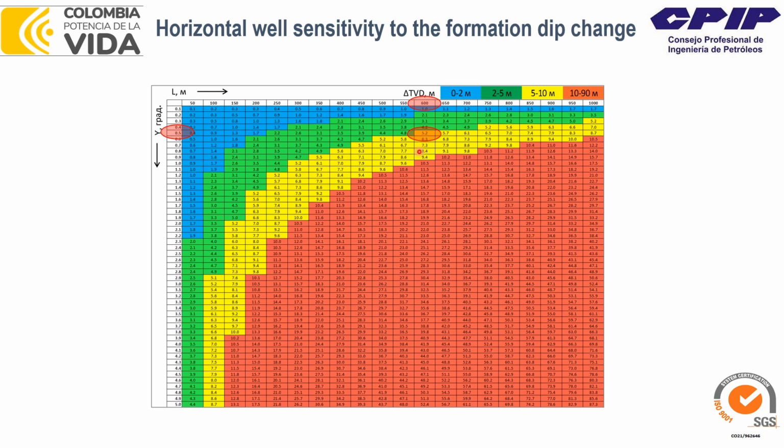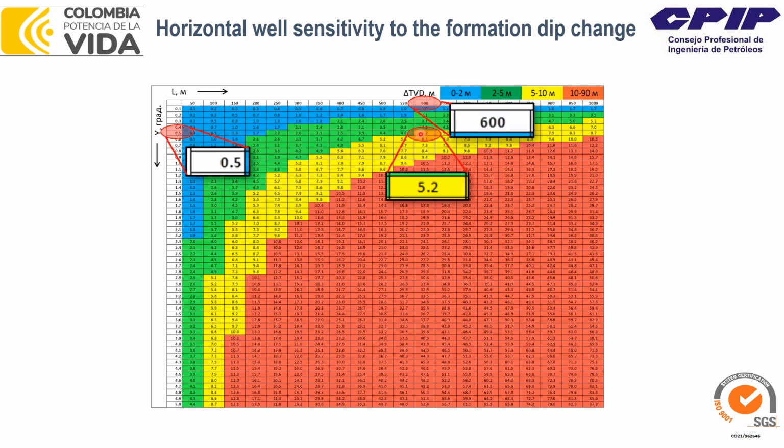Which means if the angle changes by 0.5 degrees over this horizontal section 600 meters long, by the end of the well we're going to have this difference in TVD. Let's look at it again: 0.5, 600, and 5.2. And now you can find any of your wells which you're working on right now on your project or from your previous experience and see how sensitive it was.